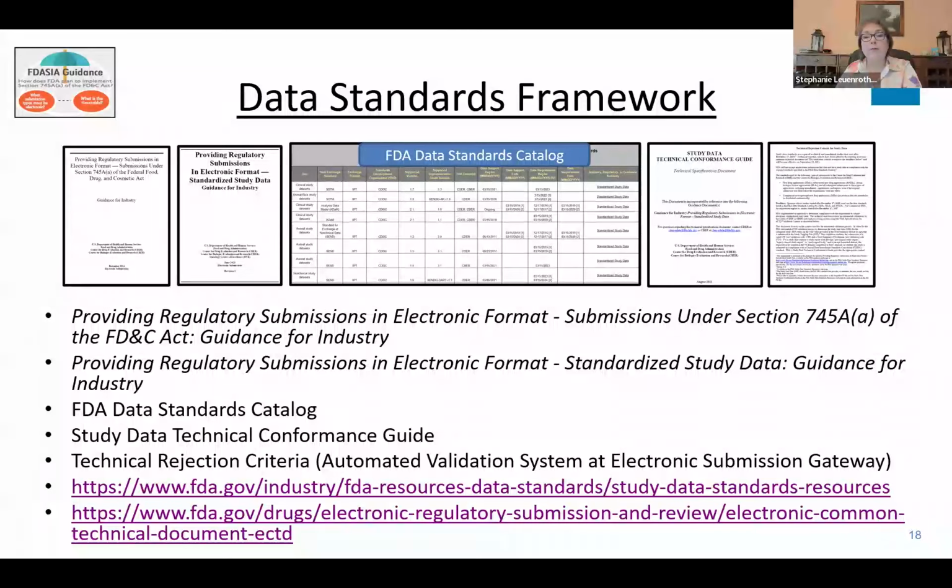And then again, we have documentation for technical conformance guides to give a little bit more information to industry about what is FDA's communication around the expectation for SEND data sets.